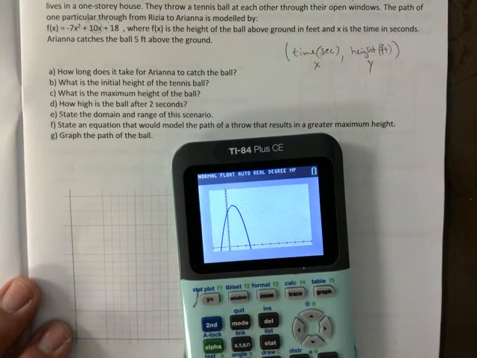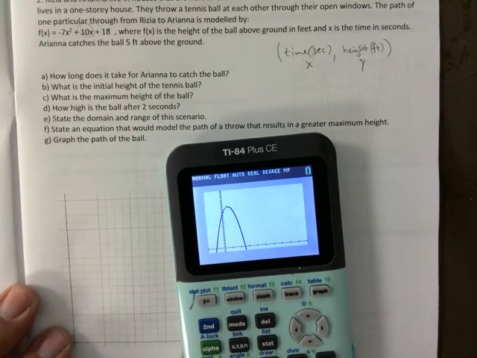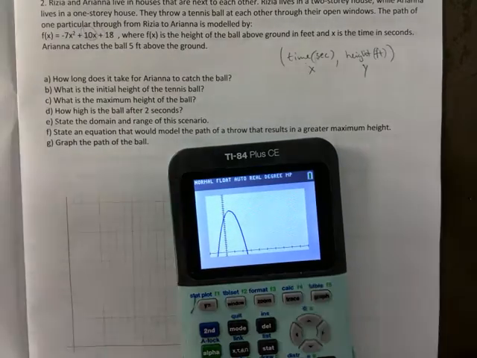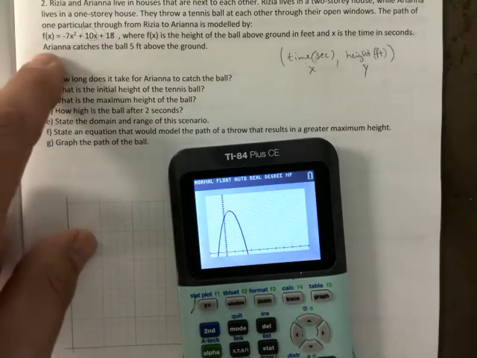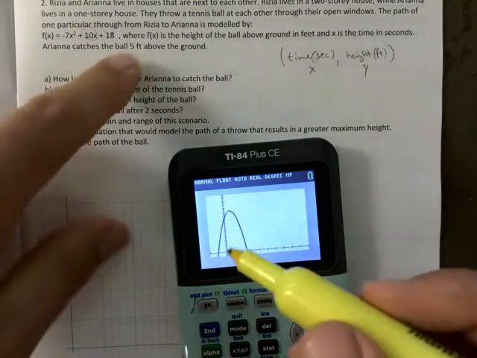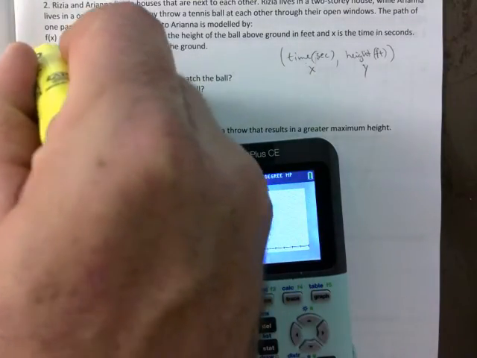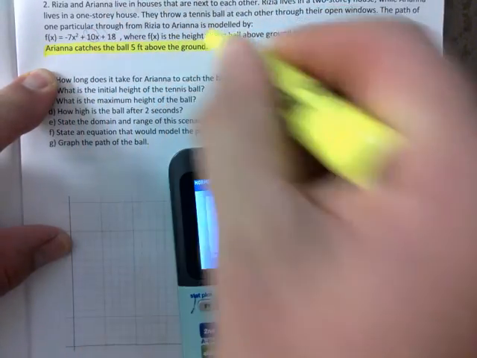How long does it take for Ariana to catch the ball? I need to highlight a certain aspect here, because it says Ariana catches the ball 5 feet above ground. You notice that?